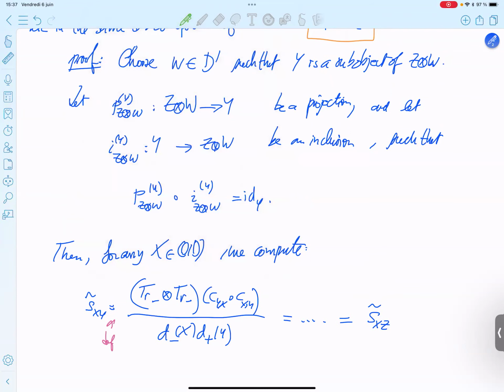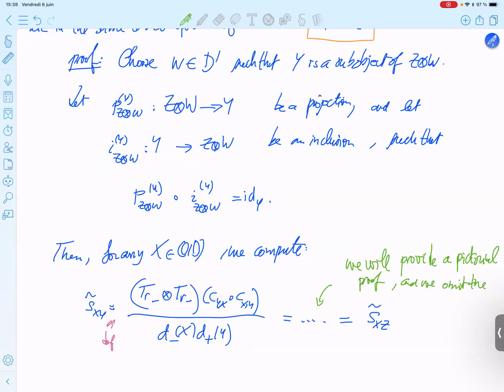So we will provide a pictorial proof just now. And let me write that we omit the algebraic proof in the paper, because they made a purely algebraic proof, but in fact, I did not even try to read it.